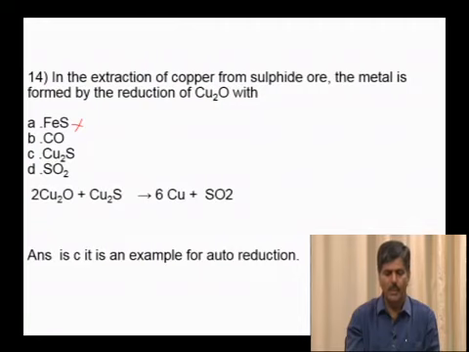In self reduction, the metal oxide Cu2O reduces with Cu2S to blister copper. Blister copper means during its cooling, sulfur dioxide comes out as bubbles or blisters, hence it is called blister copper.